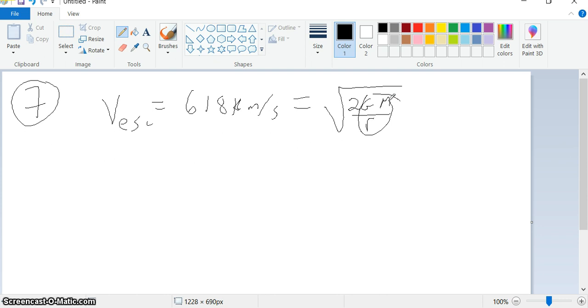It would come out in meters per second, like 618,000 meters per second, so it's just easier to put it in kilometers per second. Anyhow, I think the thing that they want you to do is to use the following, the temperature in the corona.